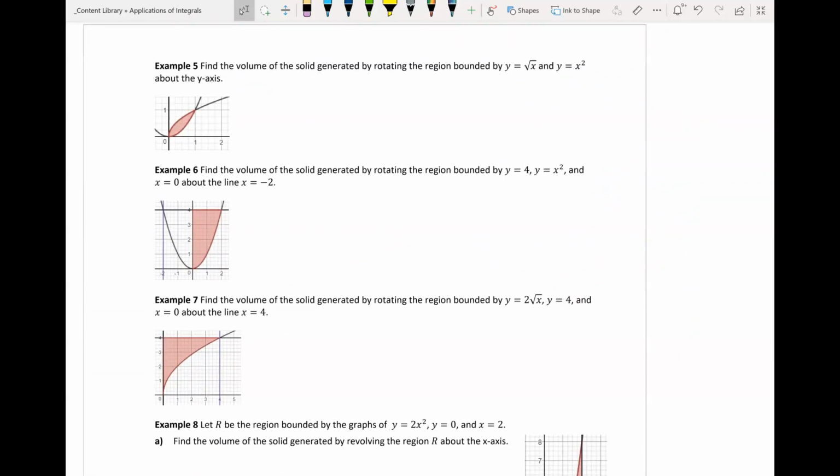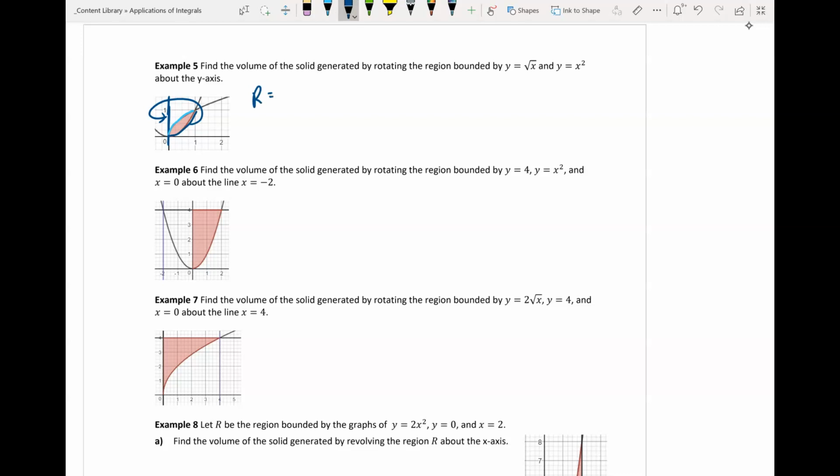Here's example 5. In this case, we probably want to make this all in terms of y because we're rotating around a vertical line now. That's our line of rotation, and we're going this way around. So this is your outer radius and the light blue one here is your inner radius.